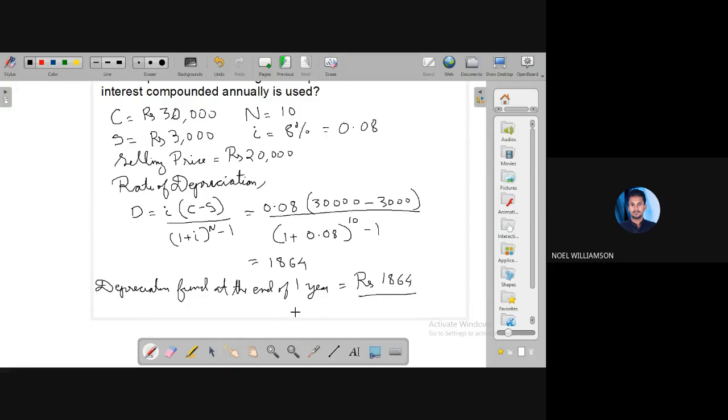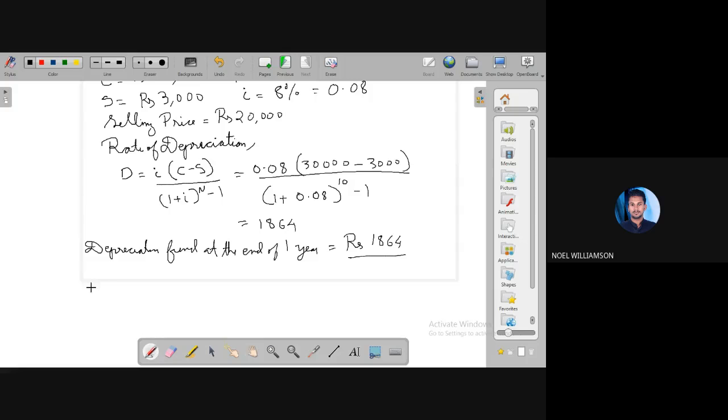So now what is the book value? Book value means present value. Present value will be the initial value just before 1 year minus this particular value, the depreciation fund, which is to be subtracted.